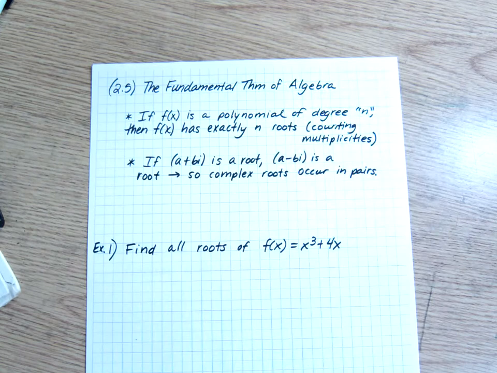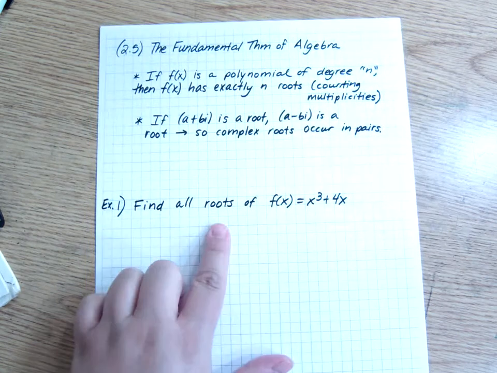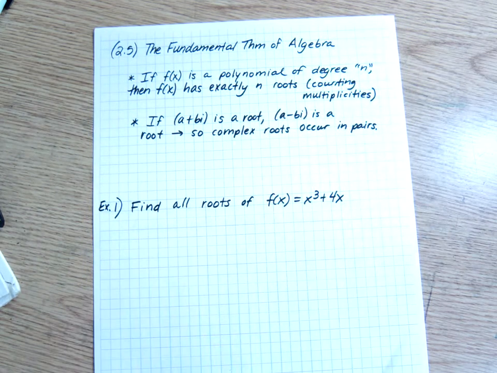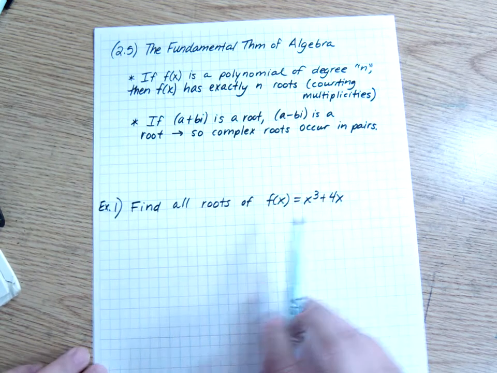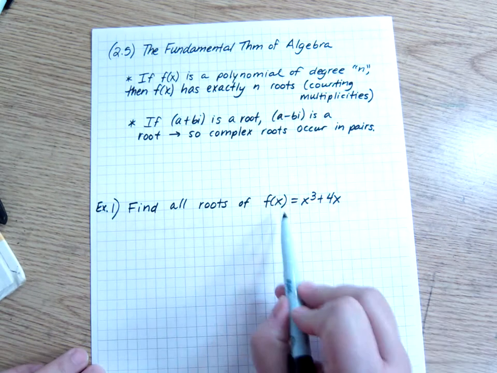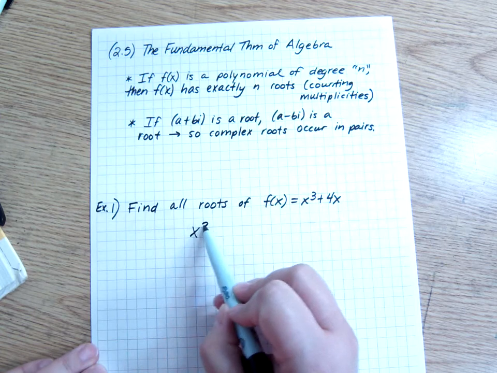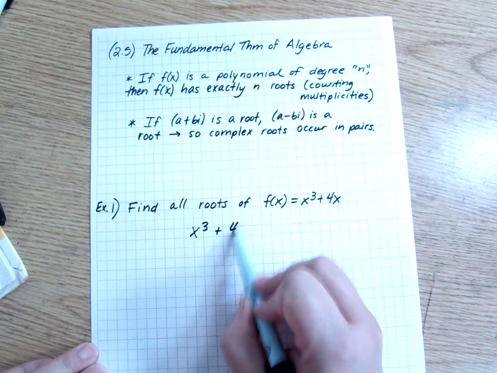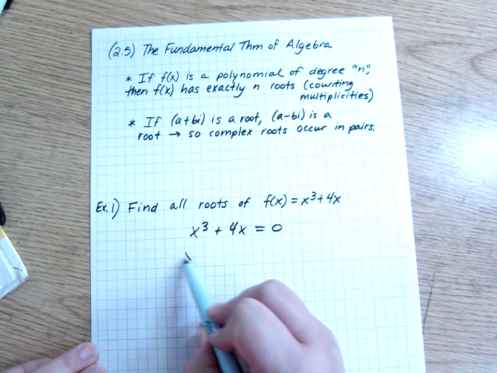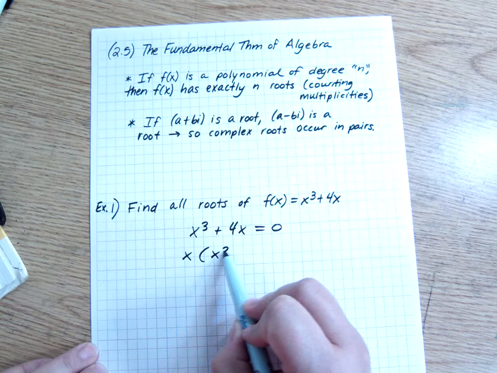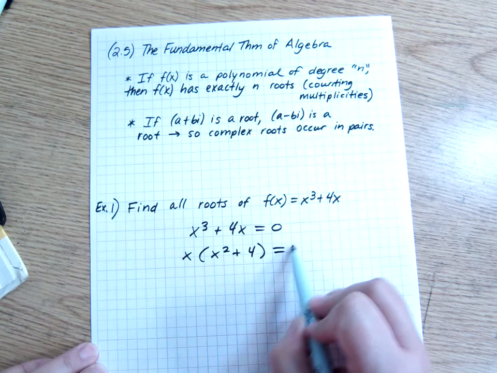All right, so we did this one in class, this example here. It is the nicest kind in that it's factorable. And that's the first thing I'm always looking at: can I factor this? Here it's a yes. So I'm basically doing x cubed plus 4x equals 0. Take out my GCF. That gives me this.